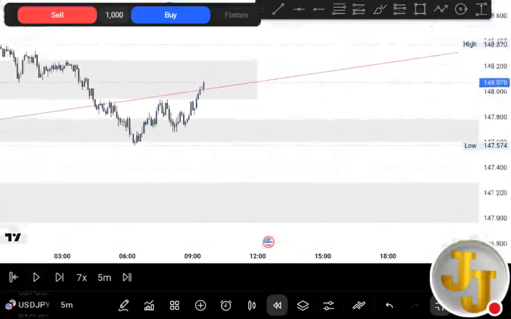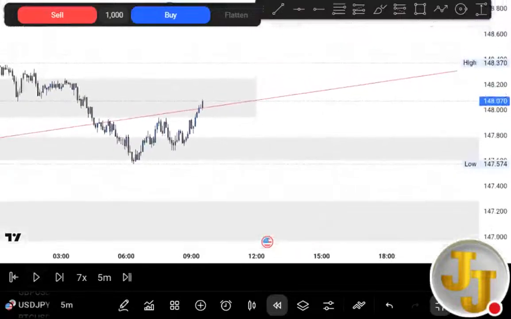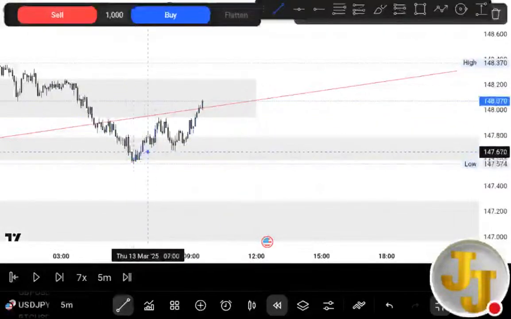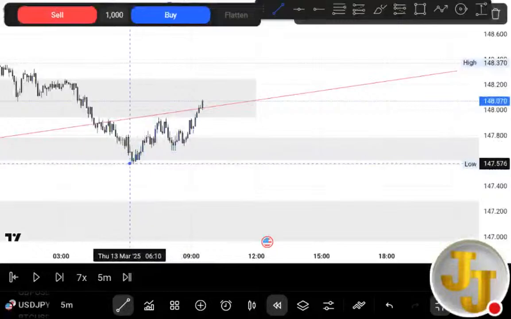This is what I wanted. It has given us a failed low, right? This was a low, and this was a low that has failed to break this.